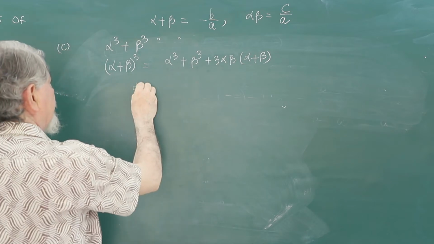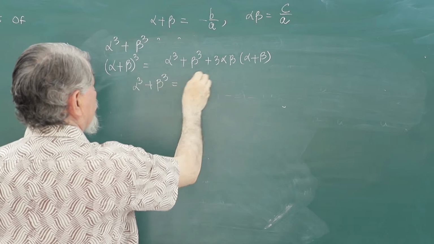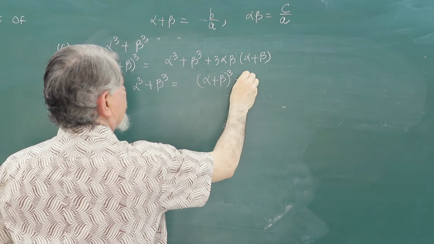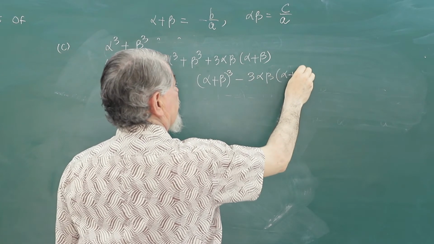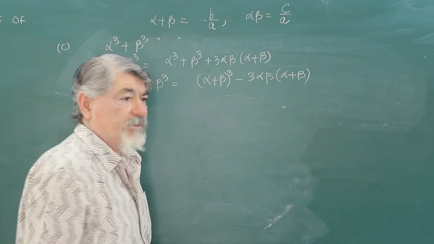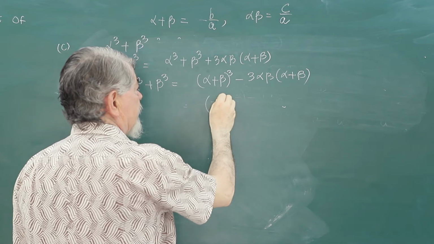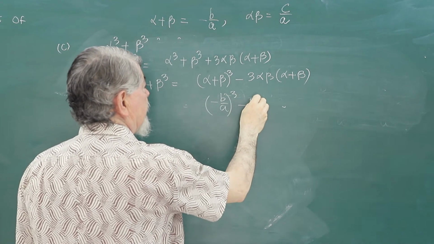So alpha cube plus beta cube will be equal to alpha plus beta to the power 3 minus 3 alpha beta into alpha plus beta. You know the value of alpha plus beta, you know the value of alpha beta. Alpha plus beta is minus b upon a to the power 3, minus 3.